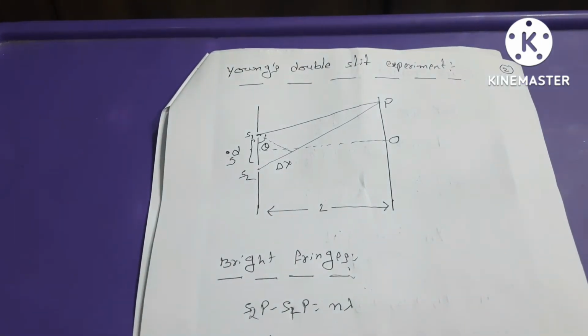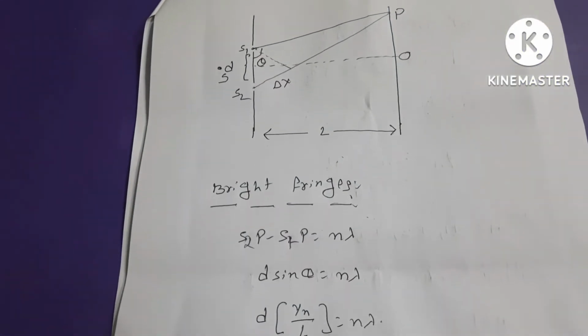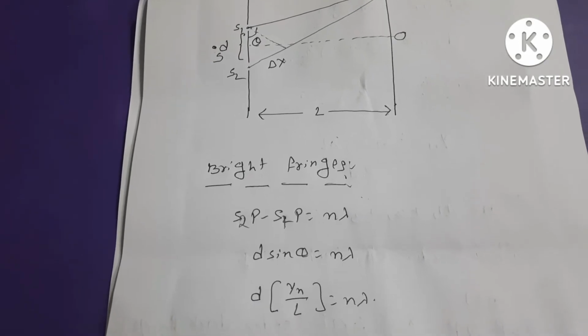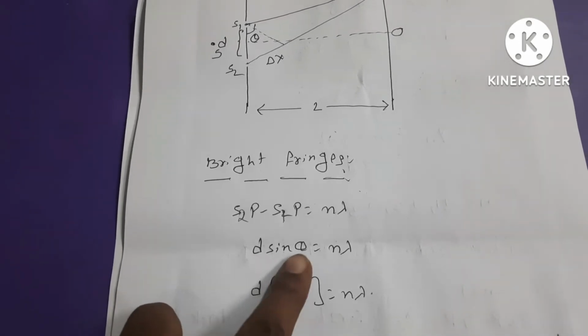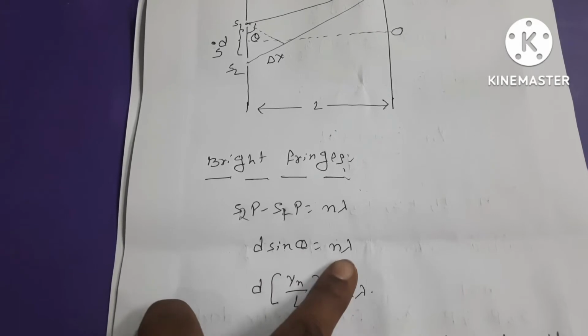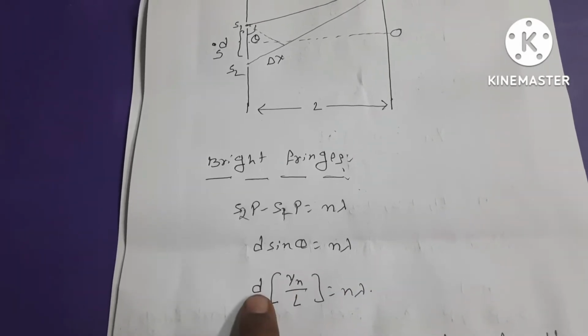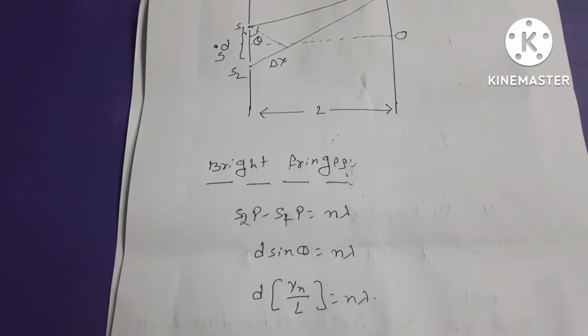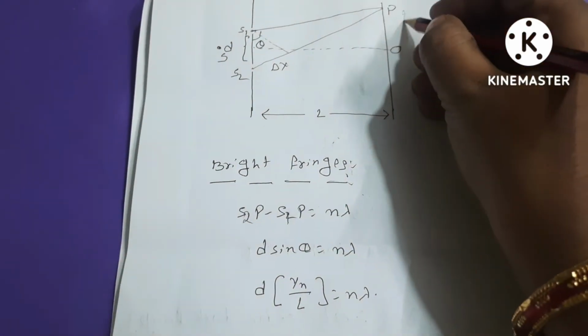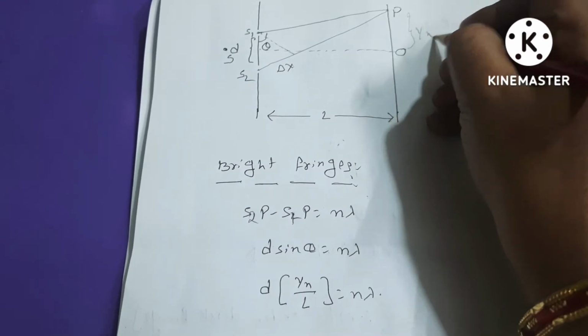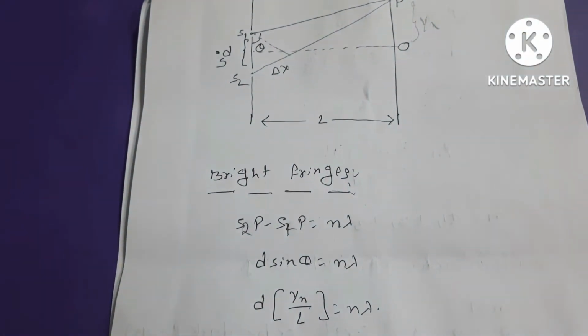Both represent the path difference. For a bright band, the path difference is n lambda. Instead of S2P minus S1P we write d sine theta equals n lambda, which becomes d into yn by l equals n lambda, where yn is the position of the fringe.